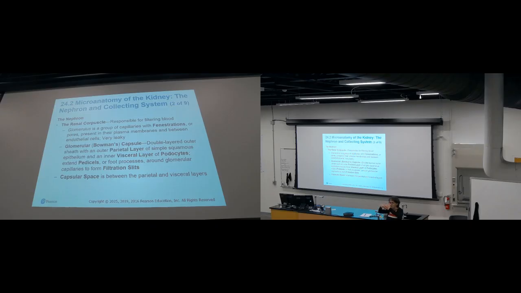And these finger-like extensions open and close to allow the molecules to pass through this layer to go into a cavity that is called the capsular space. So the capsular space will capture the filtrate with its molecules. And then the space between the pedicels is known as filtration slits.